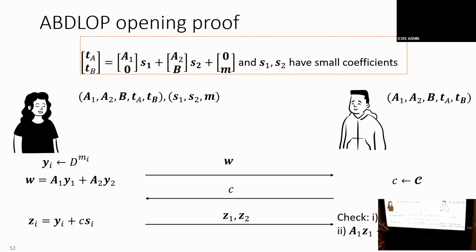So proving knowledge of the opening only needs S1 and S2, because M is derived deterministically. But later on, if I want to prove some properties about M, then it comes in. Good question.